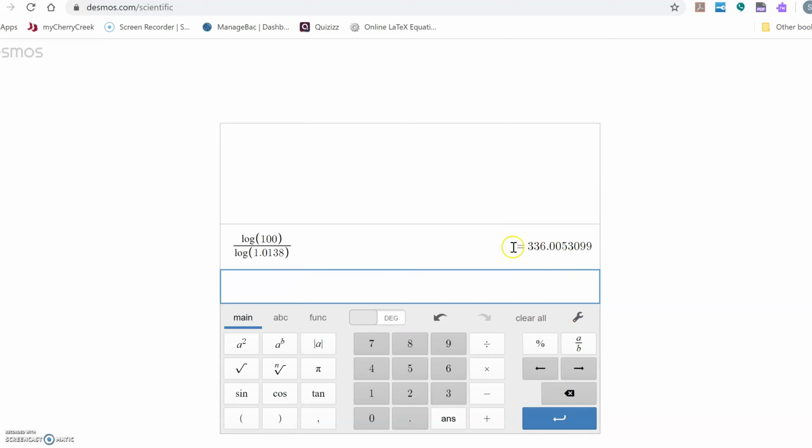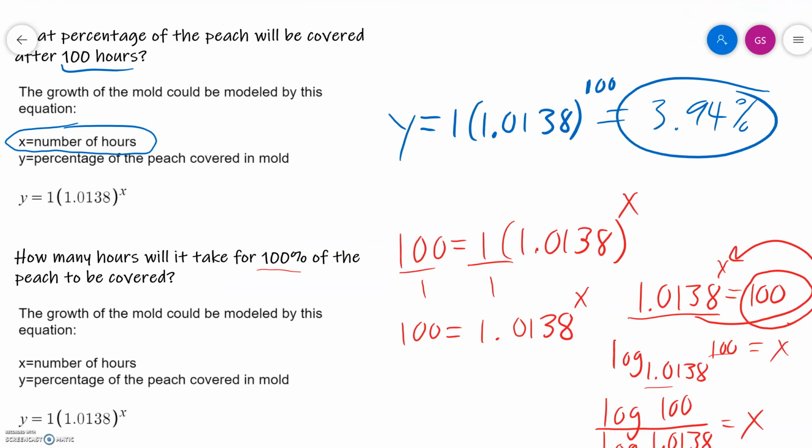Oh, it's already right there. It's 336 hours. So this value right here is going to be, x is about 336 hours.